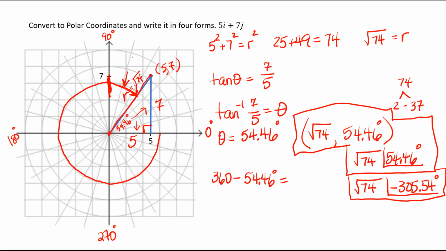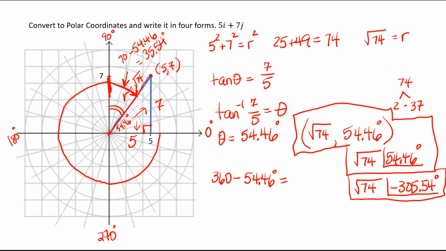But this angle right here is not 54.46. It's the complement of 54.46. So this angle right here between the radius and the y-axis is 90 minus 54.46, so that angle is 35.54 degrees.